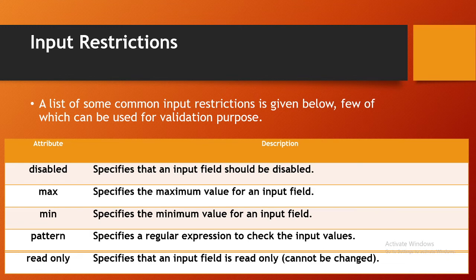Next, for specifying the minimum value for an input field, we have to use min attribute. Next, pattern. It specifies a regular expression to check input values. Then, readonly. Readonly specifies that the input field is read only, cannot be changed.